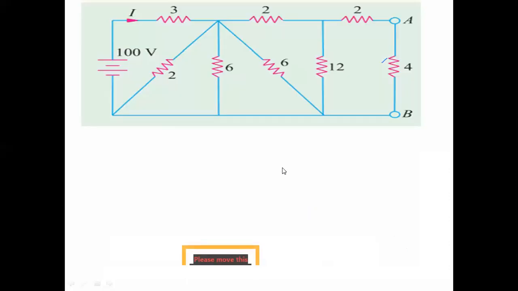See here, this is another circuit. In this circuit we have to find the current I. This current is coming from the 100 volt voltage source. What is the value of the current I?